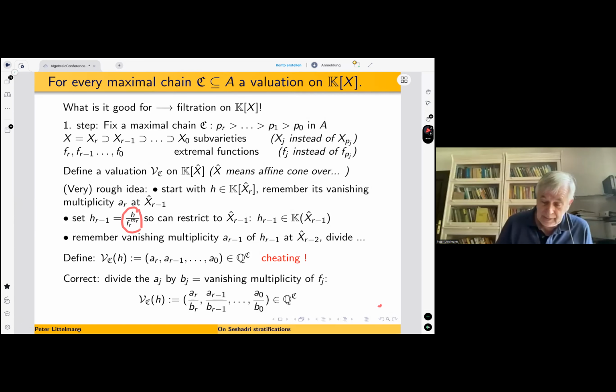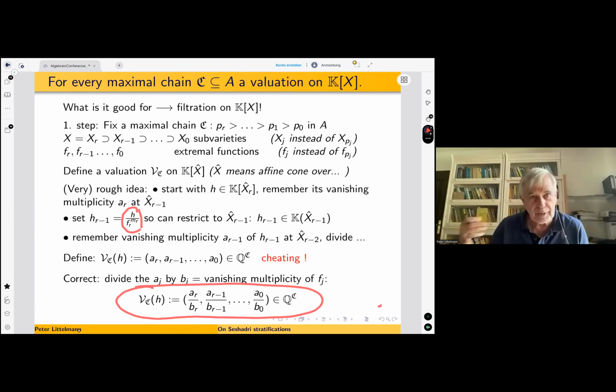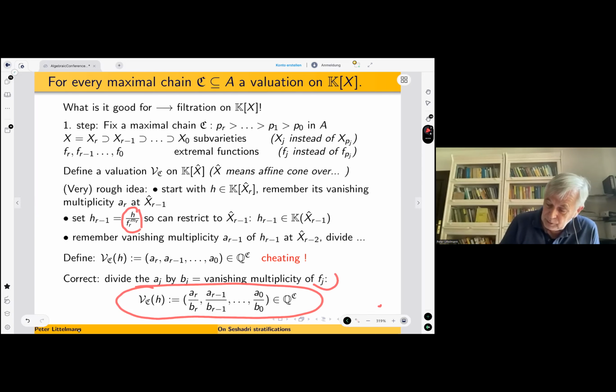Another reason why I'm cheating is that the valuation which I actually want is different. I have to divide these nice integers, namely these vanishing multiplicities or pole orders, by some strange numbers. These numbers again have to do with my extremal function, namely it's always the vanishing multiplicity of the extremal function in the same divisor.